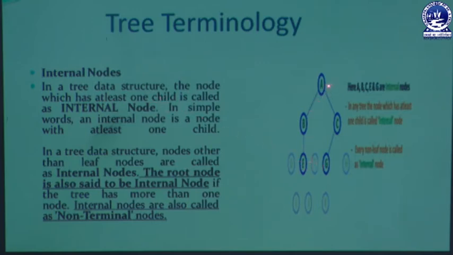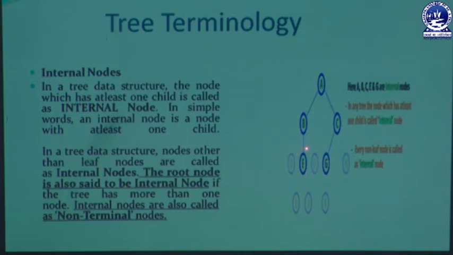You can see here A is a node having two children, B and C. B is a node having three children, D, E, F. C is a node having two children, G and H. Similarly, E is a node having two children, I, J, and G is a node having a child, K. The node in a tree data structure having at least one child is called an internal node.